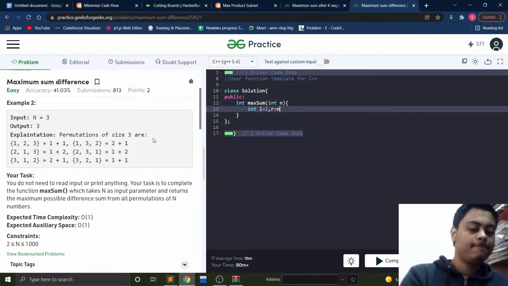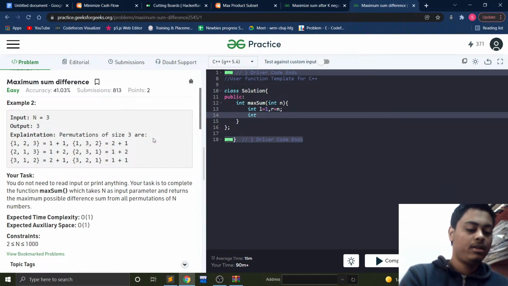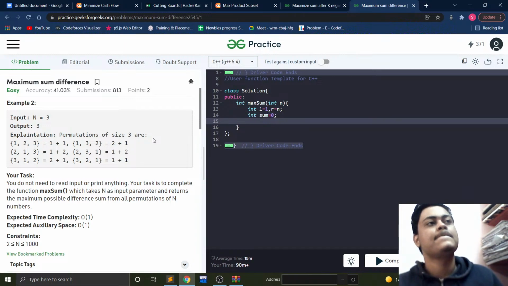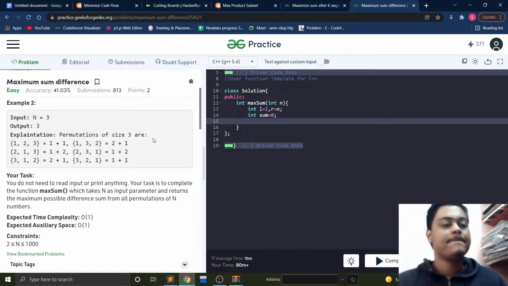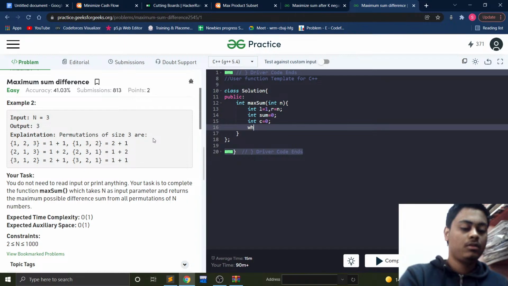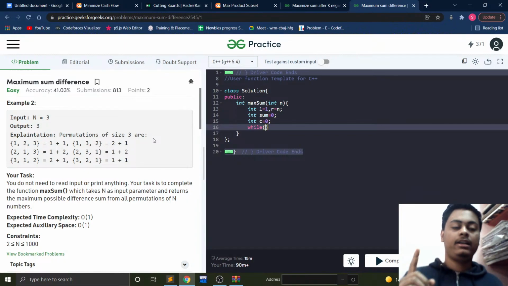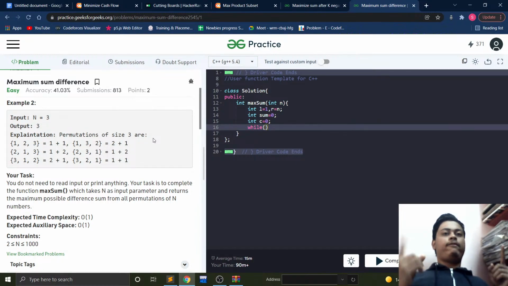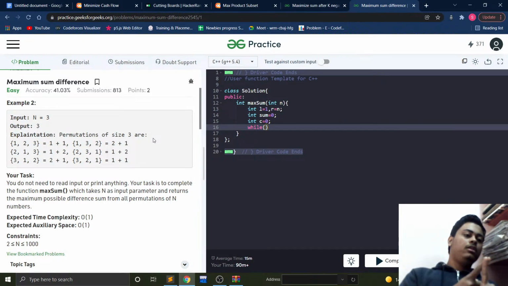Left and right is n. Int sum equal to 0. Int c equal to 0. While I decrease 1 by 1. Let's suppose n is 5. 1, 5, then 2, then 4, then 3, then this will become 3, and it's over.